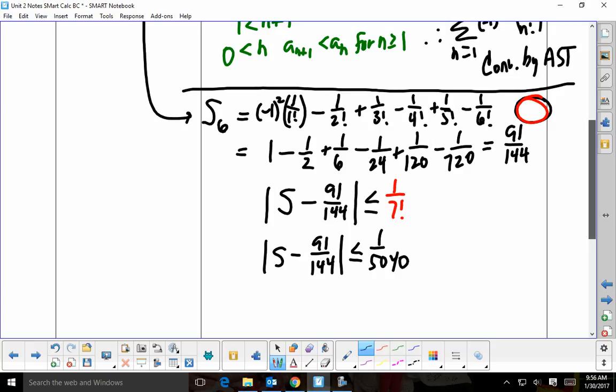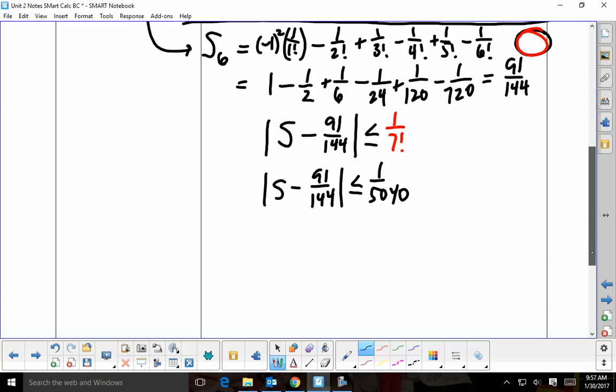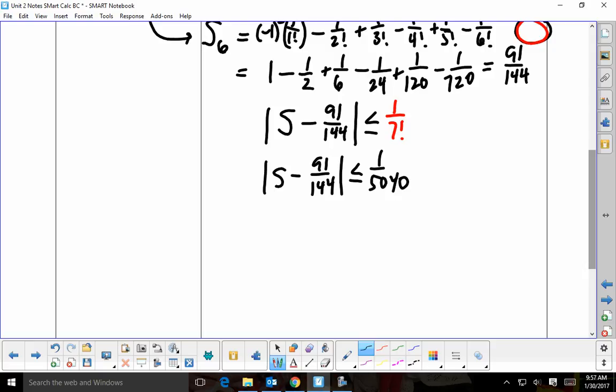Did we come pretty close just by doing the first 6 terms? Yeah, that's a pretty good approximation. So the actual sum is within, from this 91 over 144, I could add on 1 over 540, and I could subtract off 1 over 540, and that's what my actual sum would be between.